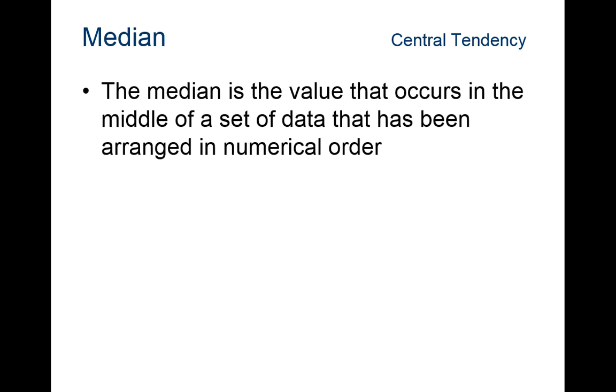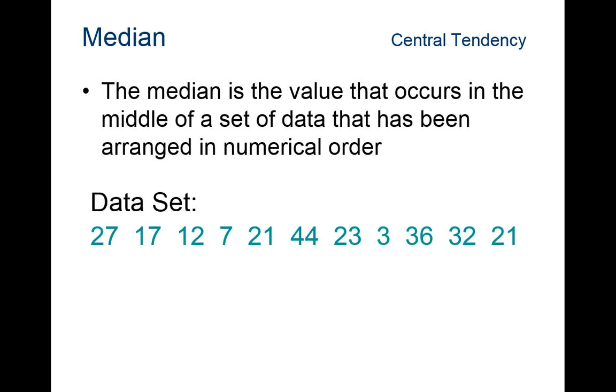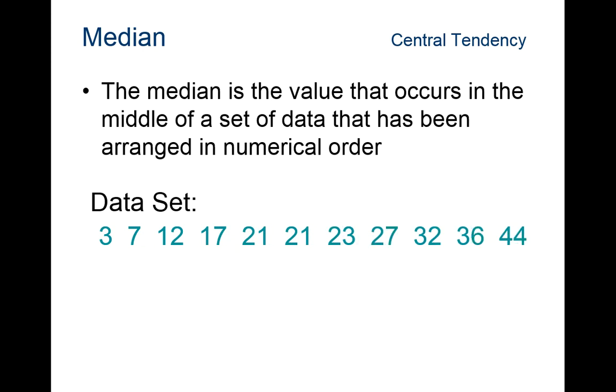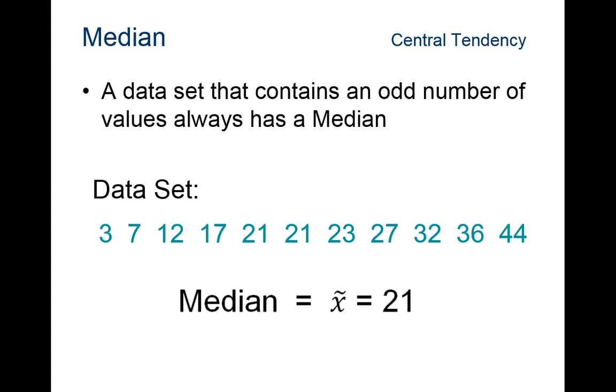First, arrange the data in sequential order. Once in sequential order, the value that occurs in the middle of the data set is the median. If there is an odd number of data values, there is a single value in the middle. So here it is, 21 for this set of values.